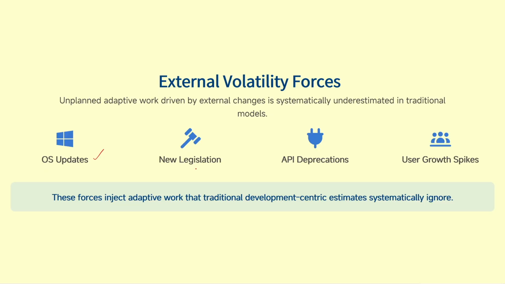We have many OS versions for which they stop maintenance, right. So when there is an OS update which is unplanned, it is one of the external forces. New legislations. The government may give some policies and that may not be aligned with our project.